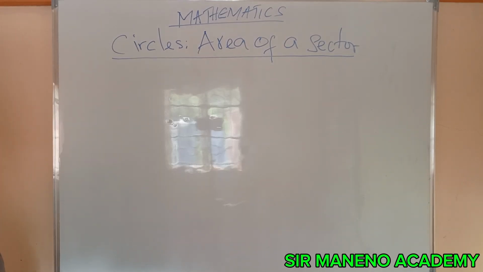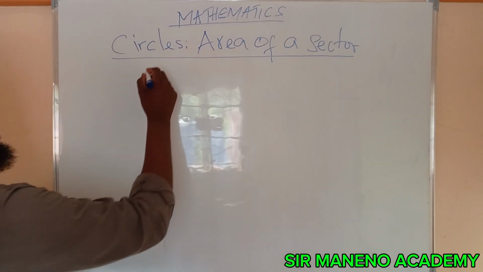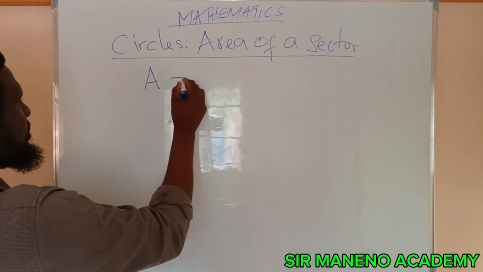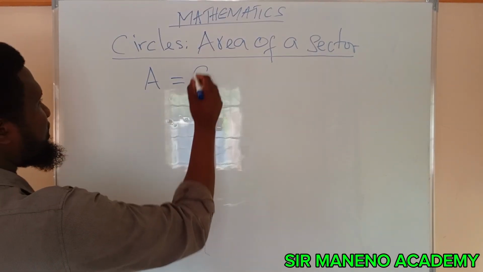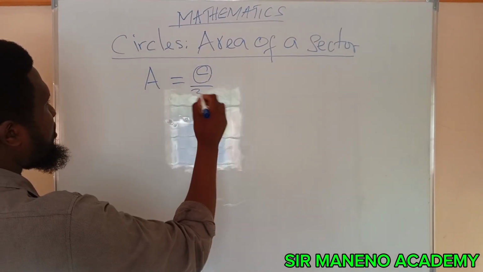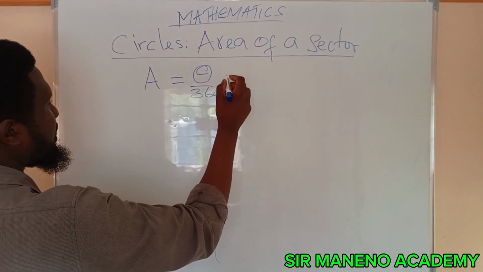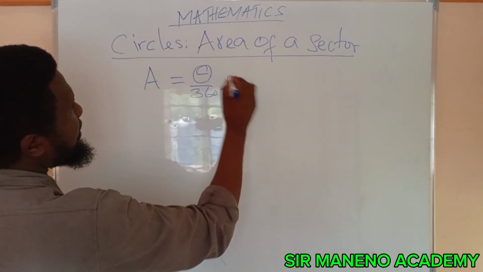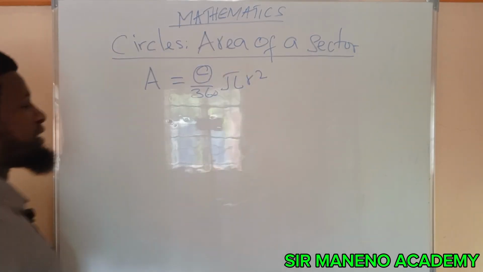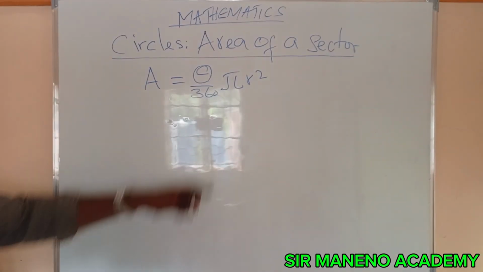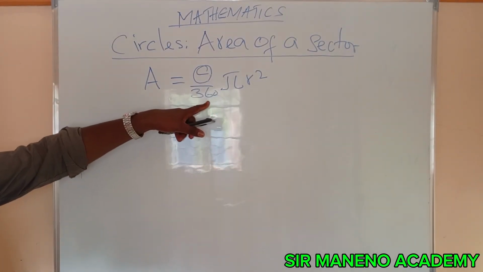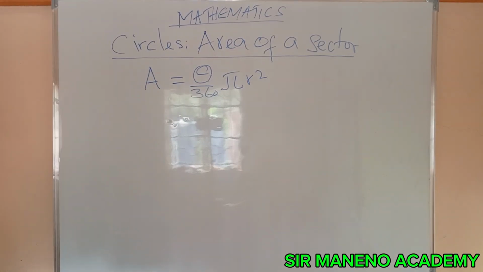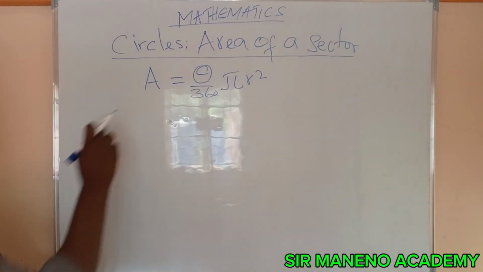To calculate area of a sector, we have this formula, which is theta over 360 pi r squared. This is now the formula for calculating area. Are we together? Of a sector.